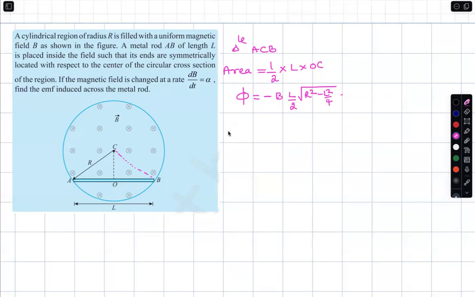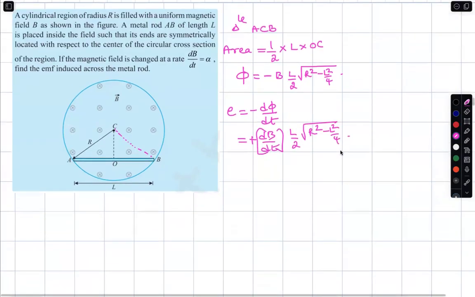Right. What is the expression for EMF induced? Minus dΦ by dt. This is because everything else is a constant. dB by dt times L by 2 root of R square minus L square by 4. dB by dt you have given as alpha.